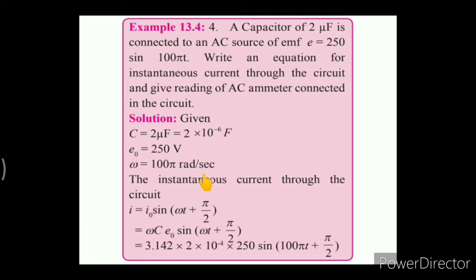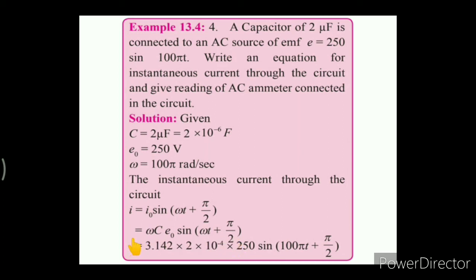Here the value of omega is 100 pi radian per second, the value of C is given as 2 into 10 raised to minus 6 farad, and the value of E0 is 250 volt.